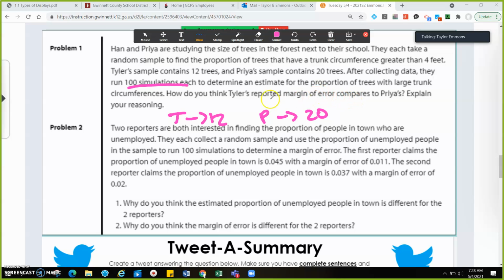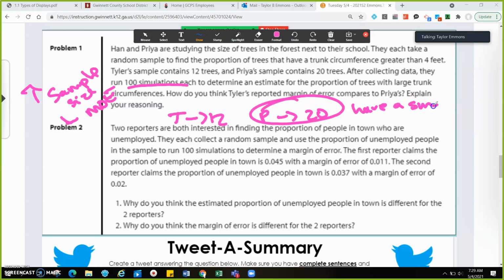How do you think Tyler's reported margin of error compares to Priya's? Explain your reasoning. So remember, if we increase our sample size, we decrease our margin of error. So Priya is going to have a smaller margin of error.